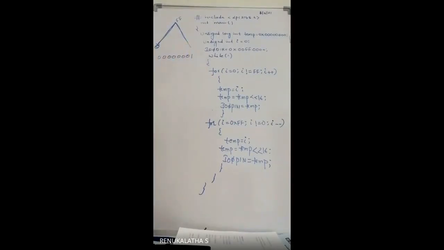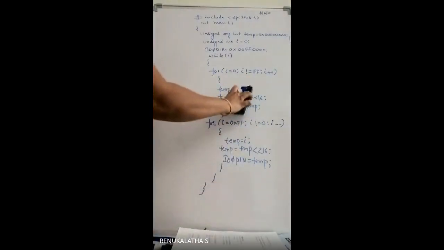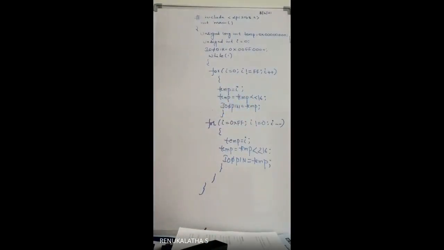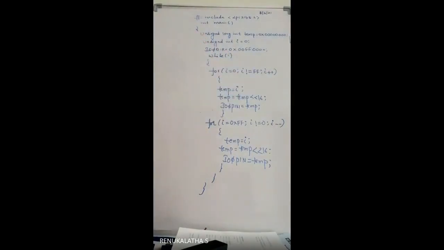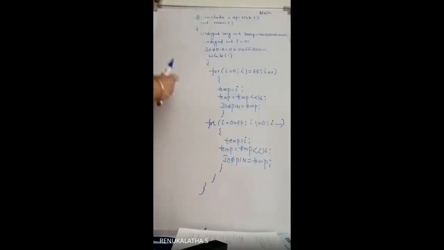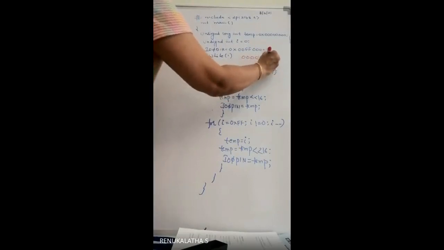What is the first value that is being assigned to this temp? Or what is the first value of I? Initial value is 0. When it gets incremented, now what is the first value? 0, 0, 0, 0, 0, 0, 1, 2, 3, 4, 5, 6, 7.